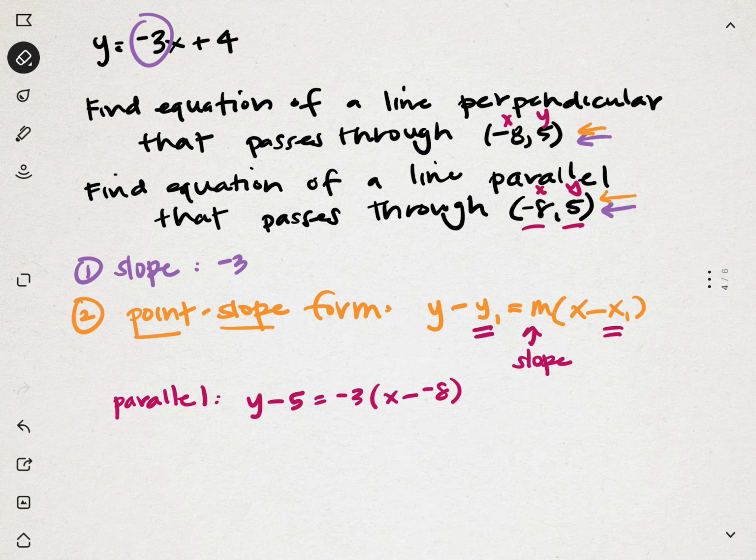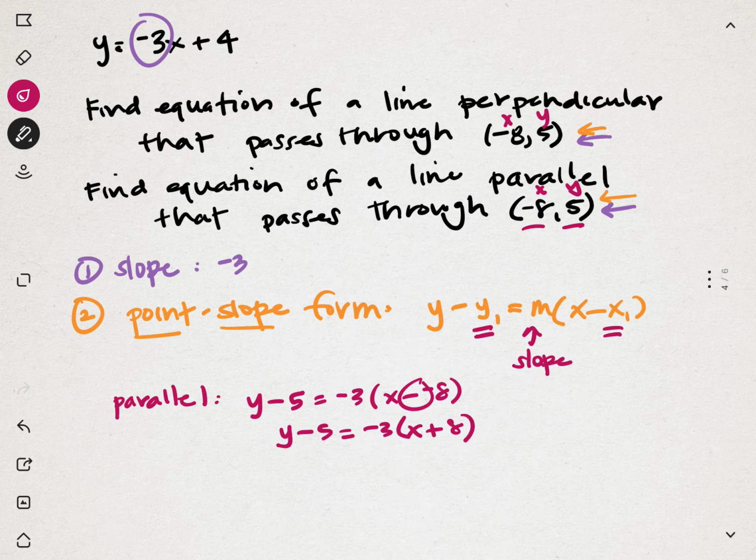Right, our x is negative 8. So I guess we could leave it like that. I'm not sure if Alex will accept that, but because we have double negative here, minus negative, let's just clean that up a little bit and say that's plus. So y minus 5 equals negative 3, parentheses, x plus 8.